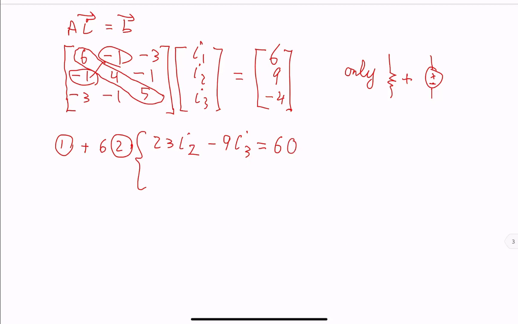And then take equation 1 and add to it 2 times equation 3. And that gives us -3I2 plus 7I3 equal to -2.